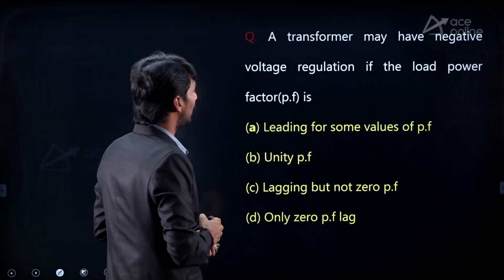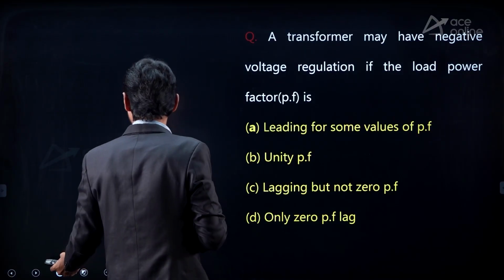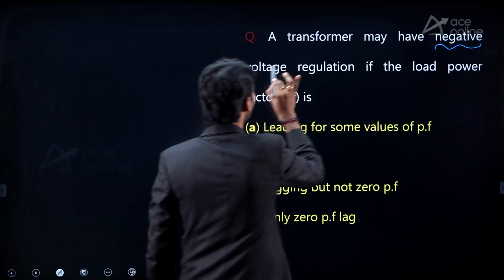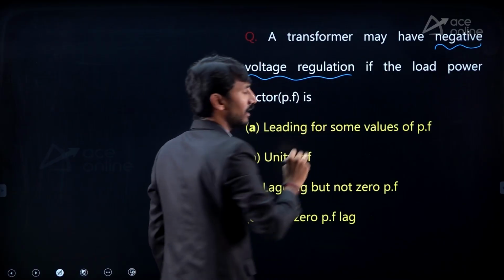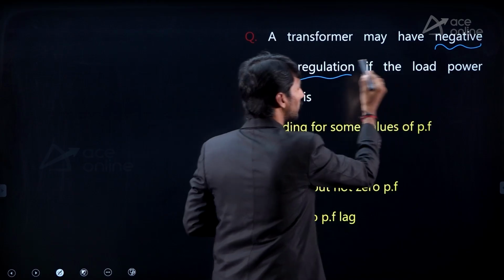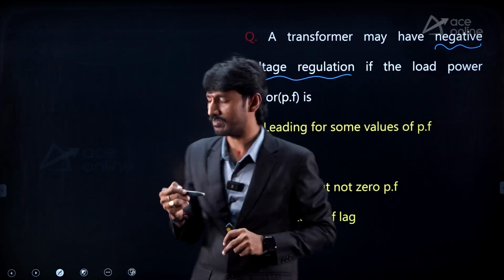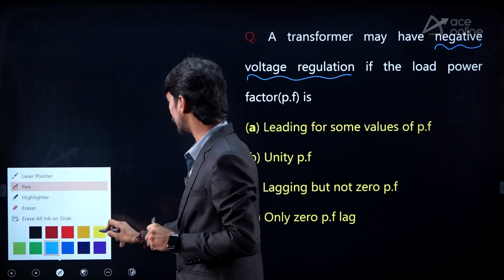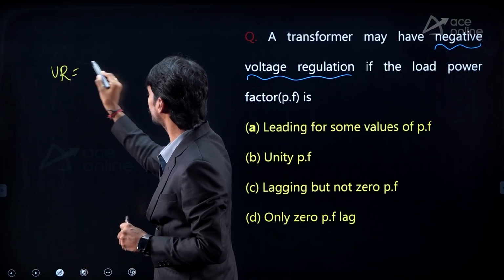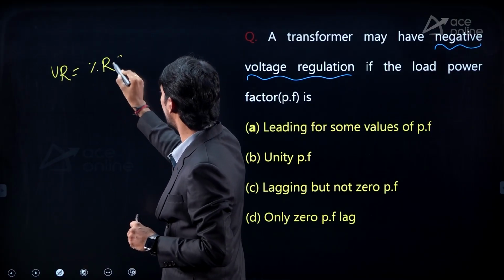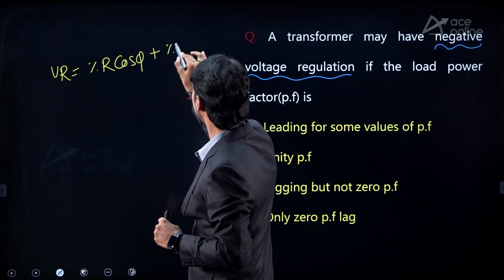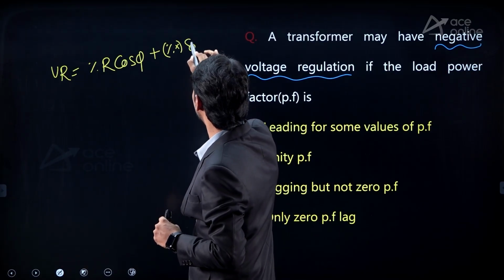Next one. A transformer may have negative voltage regulation for dash power factors. So in order to get negative, first of all, let us understand this one. What is the voltage regulation formula? Percentage R cos phi plus percentage X sin phi.